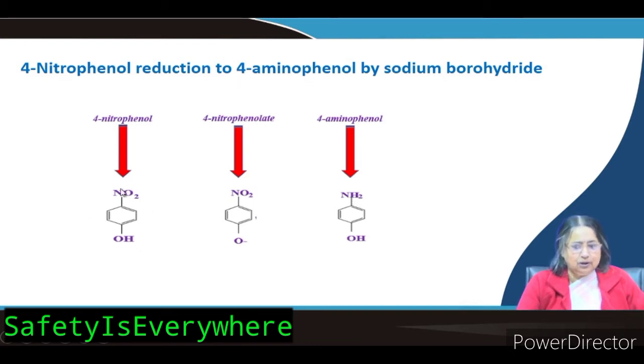So, this is nitrophenol, this is aminophenol, and the phenolic OH group is acidic, so this hydrogen can be taken out by alkali, and then it becomes O minus. Then instead of phenol we call it phenolate. So, it is 4-nitrophenolate, and the 4 is coming because with respect to the phenol group it is the 4th position. Their relative position is 1 and 4, that is why 4.